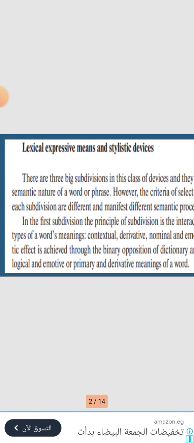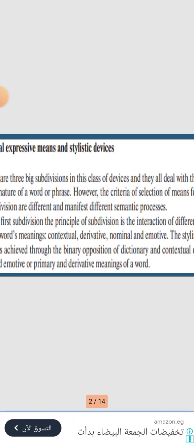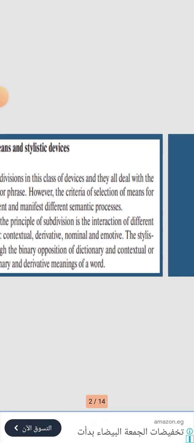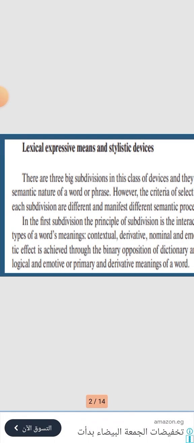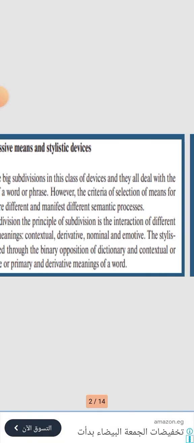The stylistic effect is achieved through the binary composition of dictionary and contextual, or logical and emotive, or primary and derivative meanings of a certain word.